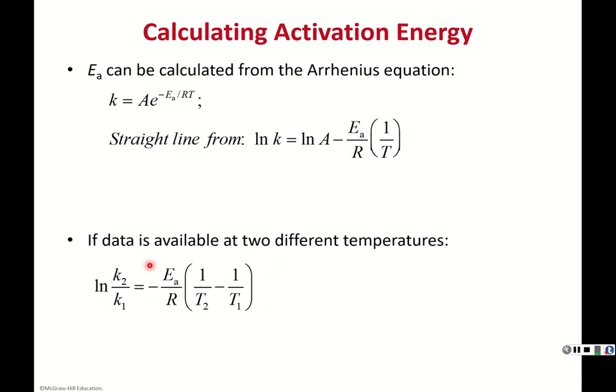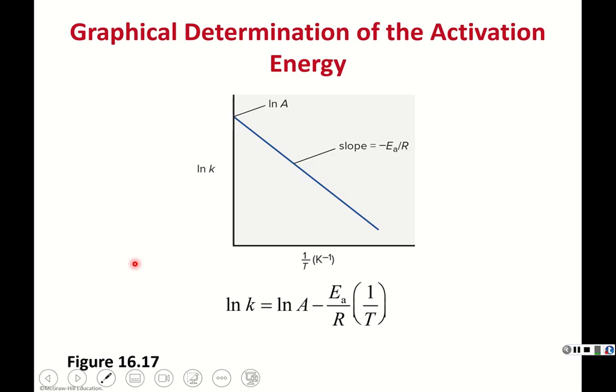So this is typically how we would use the Arrhenius equation. We can also plot this data graphically, and if we plot ln of k versus 1 over temperature, we get a straight line. The intercept is going to be ln of A, and the slope will be minus EA over R, because this is y equals mx plus b. It's written a little bit backwards there.